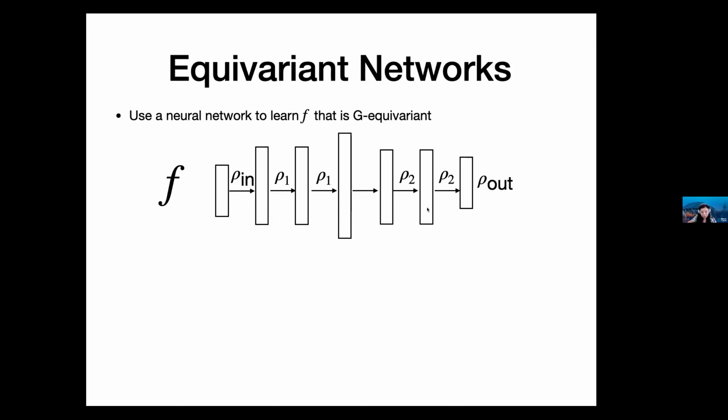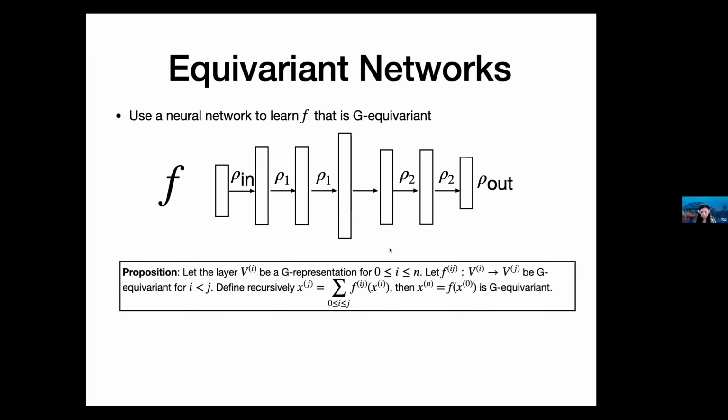But what we can do is design the intermediate representations, or the hidden layers, in a deep neural network, as well as the activation functions at every layer. If we carefully design the intermediate representations in the hidden layers, as well as the activation functions, such that they're equivariant, then we can guarantee the entire network is equivariant.